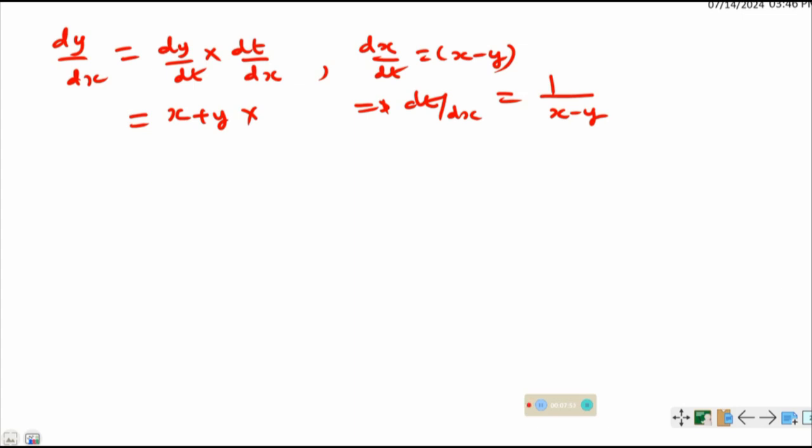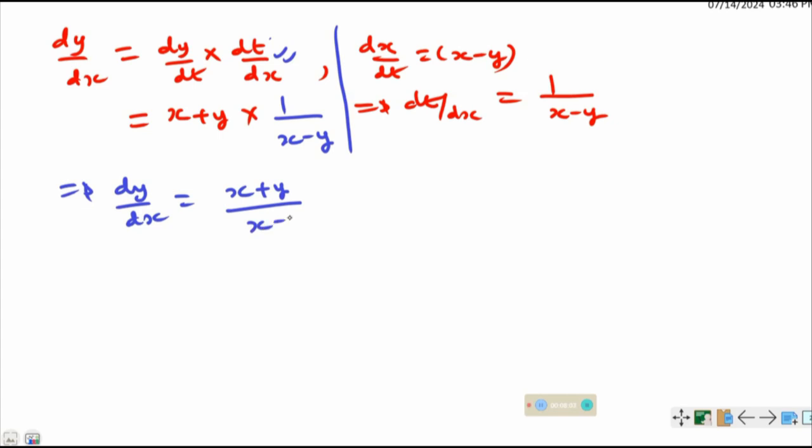So dt dx will be the same as 1 upon x minus y. So this will imply that dy dx will be the same as x plus y upon x minus y. And this will be the required answer.